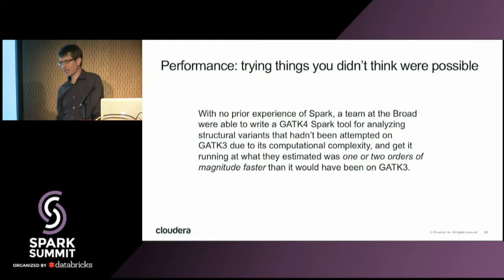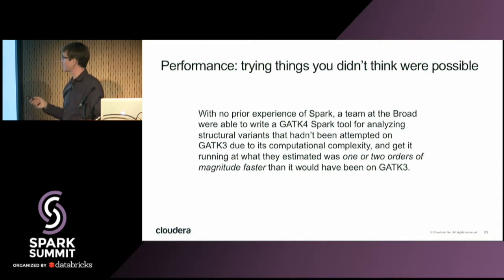So it's nice to be able to scale up existing tools, but even better, I think, is when you can do things that previously weren't possible. And while we were working on the porting of this tool to Spark, another group at the Broad were able to write a program that did something that they'd always wanted to do but could never run because the runtime was too expensive.